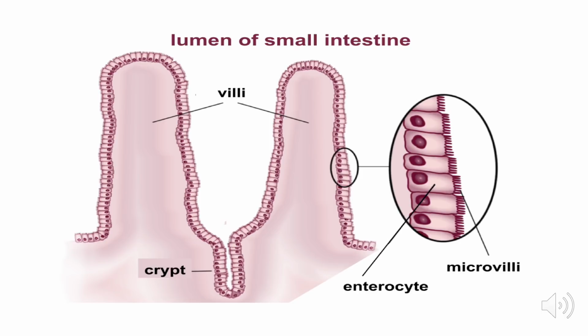Small intestine is known to have finger-like projections on its lumen, and these are called villi. So expect to find villi on the lumen of the ileum. And then the villi is always accompanied by a short invagination, and we call that short invagination the crypt of Lieberkühn.